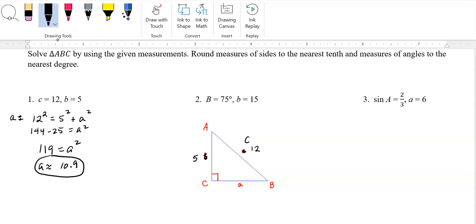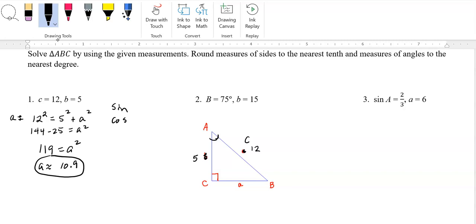Now let's find one of these angles. And it really doesn't matter which one you go for. If you wanted to, for example, find angle A, then you're always thinking of a trig function here. You're either going to think sine, cosine, or tangent.